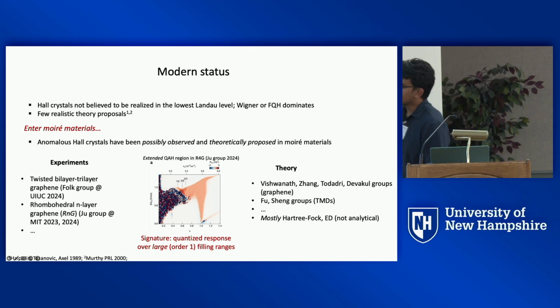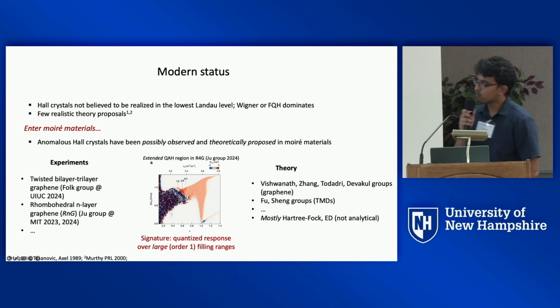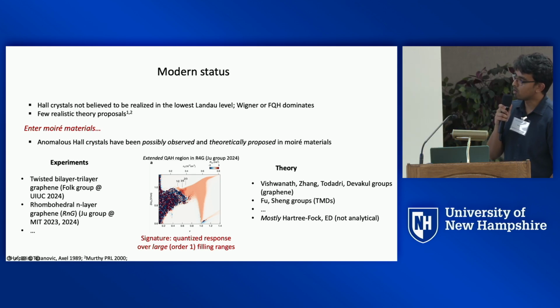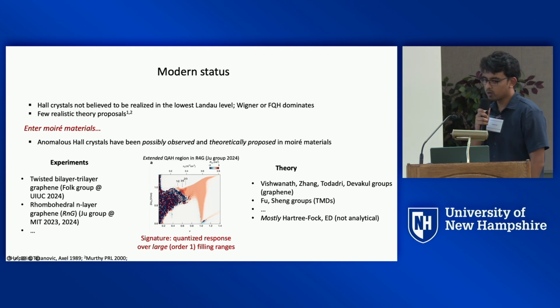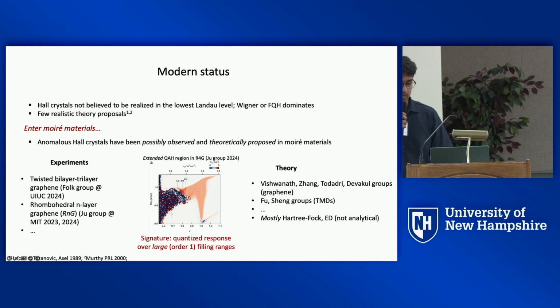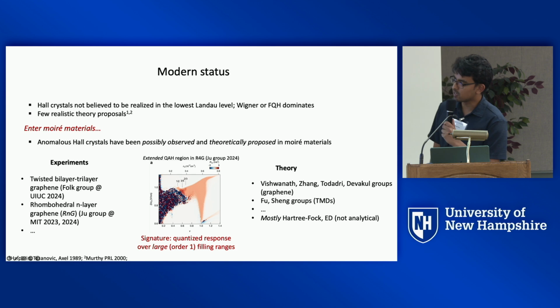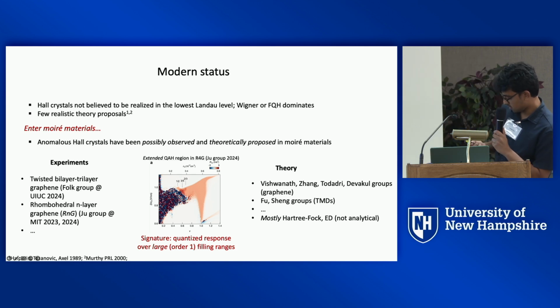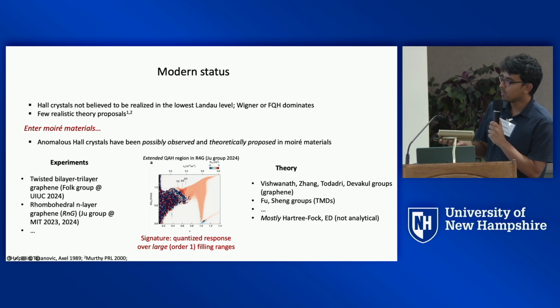And here I'm just presenting a figure from a recent paper by Longju's group on 4-layer rhombohedral graphene, showing what I believe could be a typical signature of Hall crystals or anomalous Hall crystals. Here, just to orient you, this is filling on the x-axis and displacement field on the y-axis, and the color is RXY.